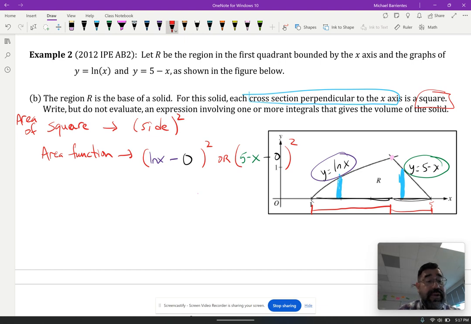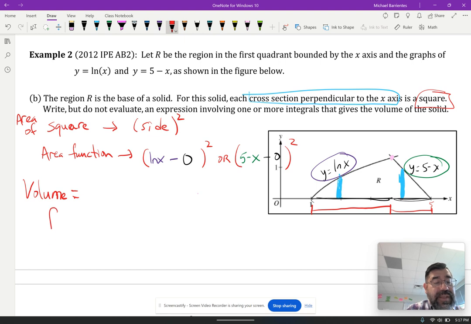Awesome. So if we're looking for the volume, it equals the integral from 1 to whatever this point is, question mark. So I'm going to say 1 to something of natural log of x, and let me just do this in red, natural log of x squared.